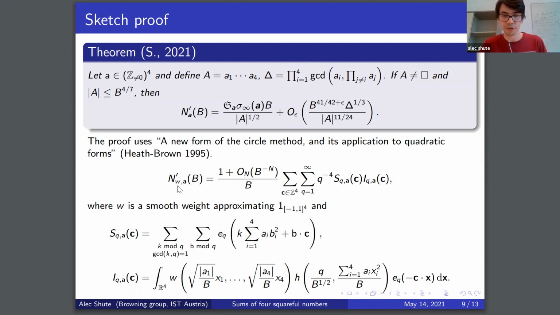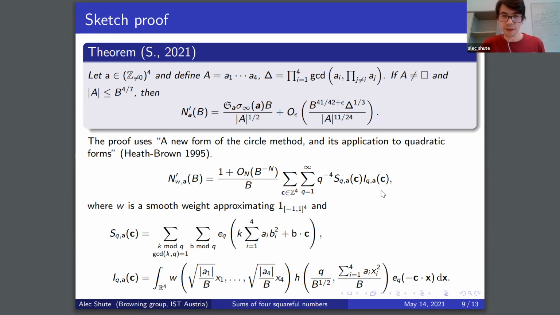So we have to introduce a smooth weight W, which approximates the characteristic function on this cube. And then the starting point is that N'_W(A,B) satisfies this estimate here. And it involves an exponential sum S_q(a,c) and an exponential integral I_q(a,c).